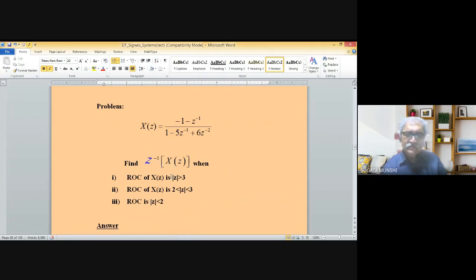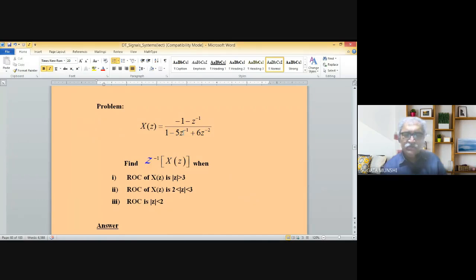Here you will see that the poles of this function of z, poles of X(z), lie at z equal to 2 and z equal to 3. If that is the case, and if you use your knowledge of the property of ROC, you can easily identify that there are three possible ROCs here.